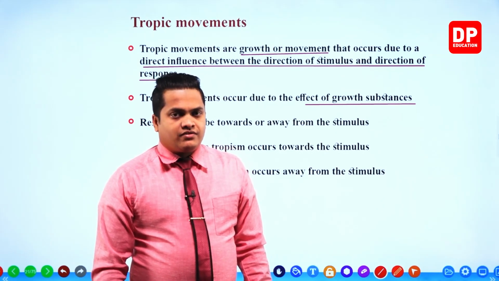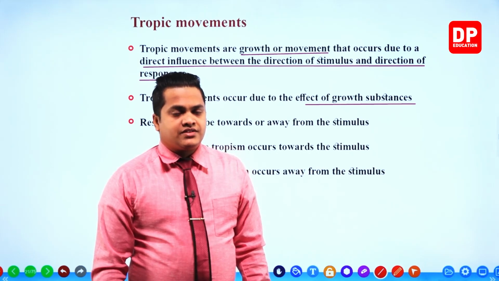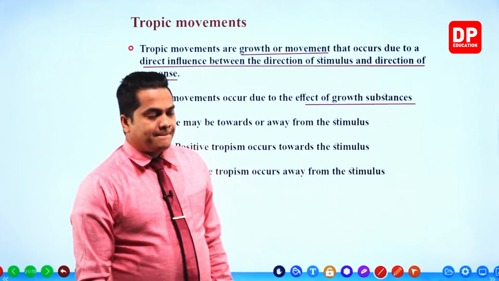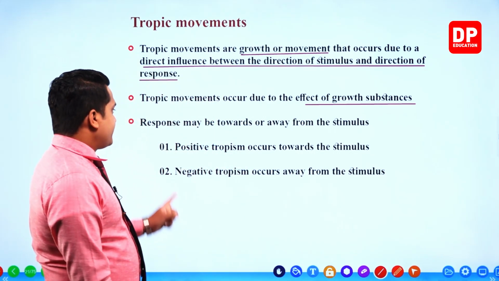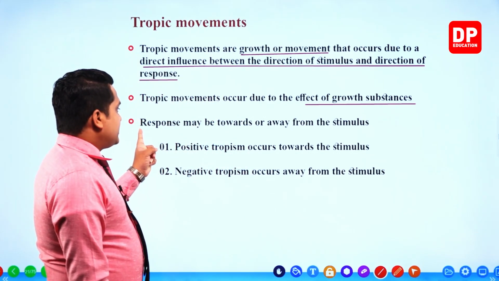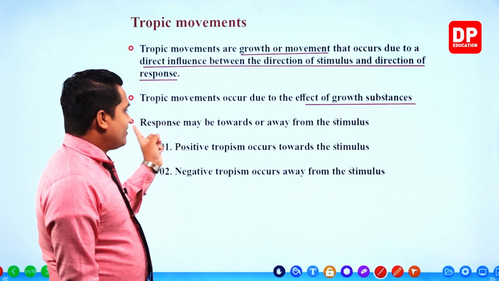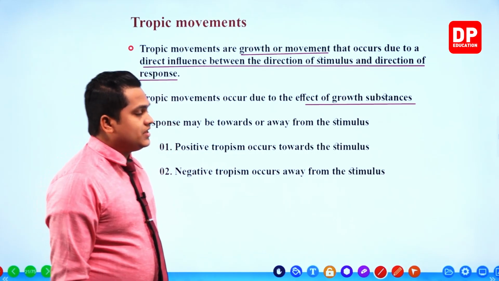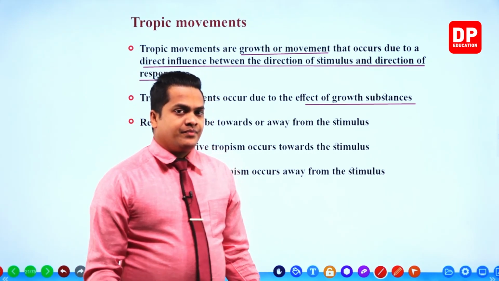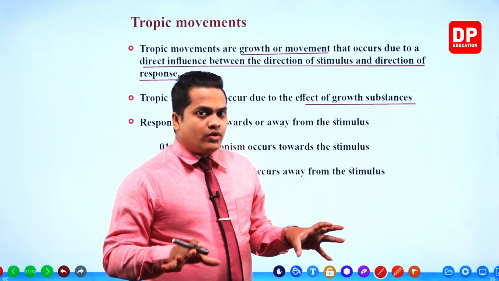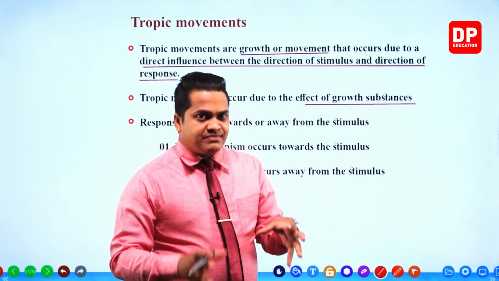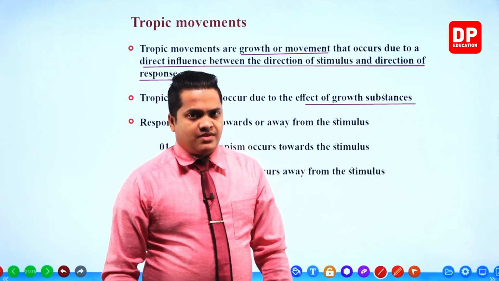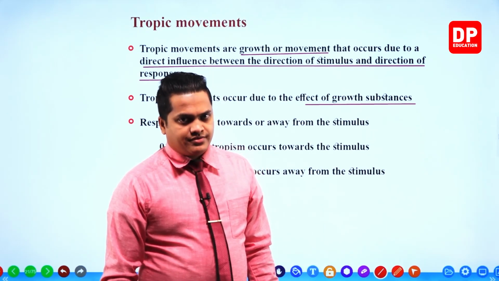Then the response may be towards or away from the stimulus. Like I said, my dear children, according to the direction of the stimulus, the response can be to the direction of the stimulus or else away from the stimulus. It can be in both directions.